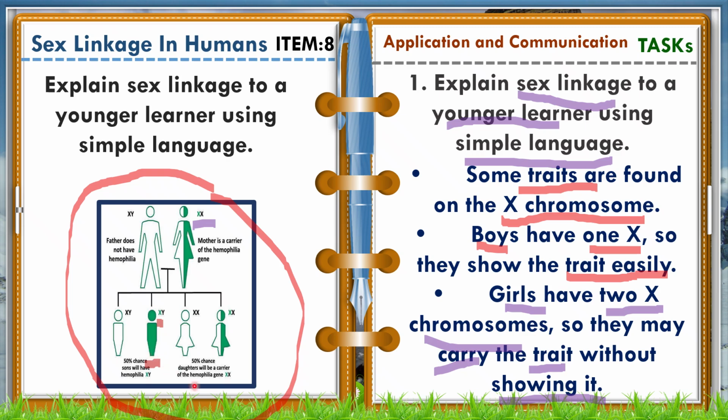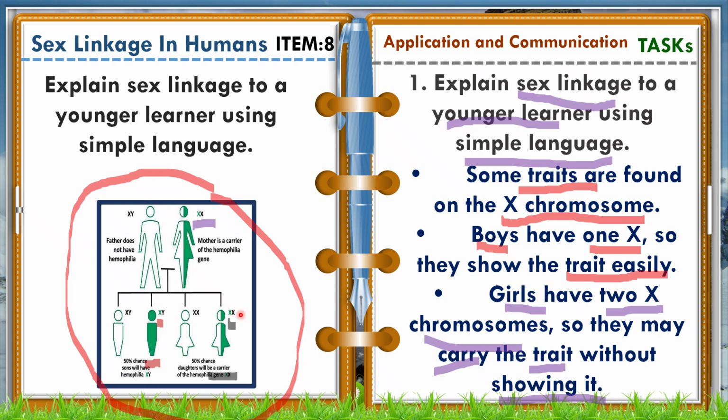But when you come to this girl, she also has one X chromosome affected, but she's not hemophilic. She is a carrier. Why? Because she has another normal X chromosome.